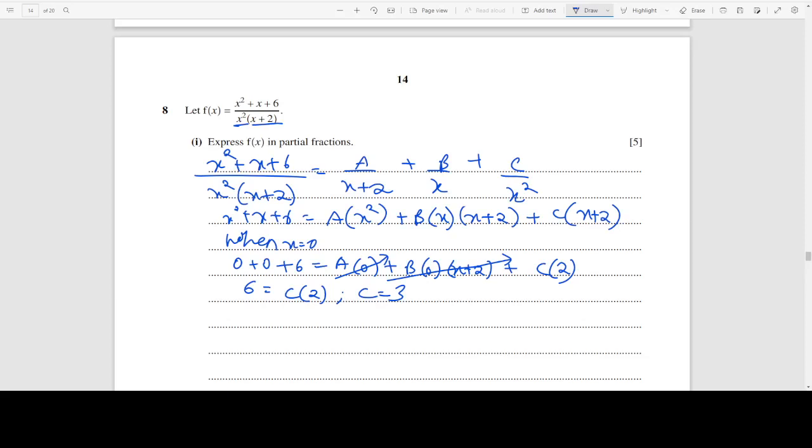Now let's take x as minus 2. So I hope you guys understand why I'm taking these values. These are not just random values, 0, minus 2. I'm taking minus 2 so that we get minus 2 plus 2 here, and the values of b and c go to 0, so that I can find the value of a.